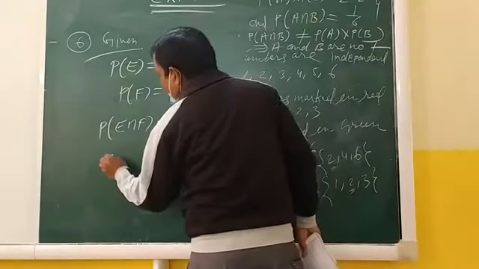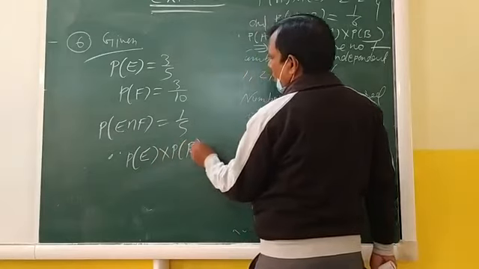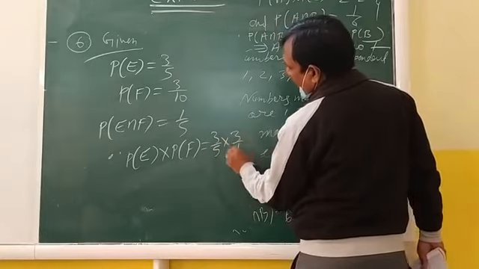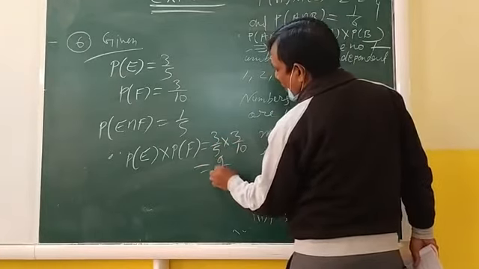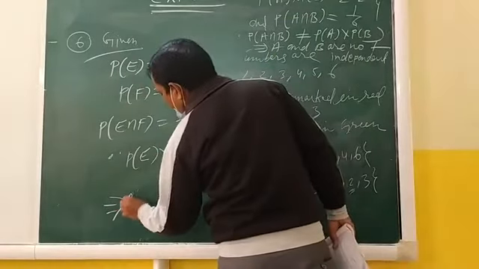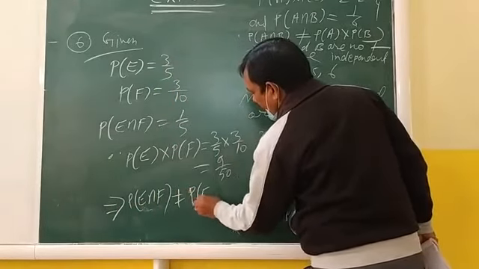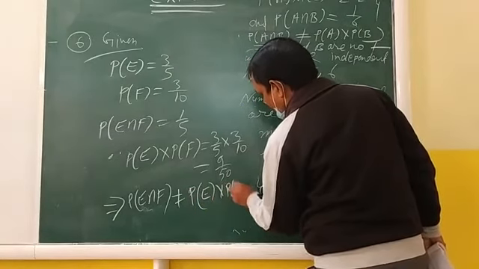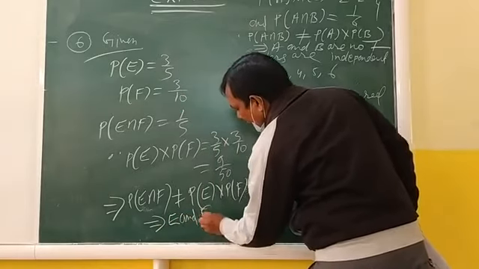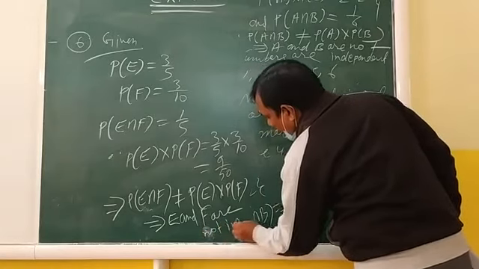So we'll write, since P(E) into P(F) equal to 3 by 5 into 3 by 10. This is equal to 9 by 50, which implies P(E intersection F) is not equal to P(E) into P(F), which implies E and F are not independent.